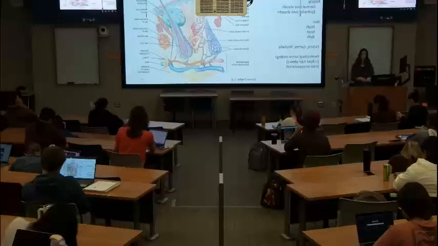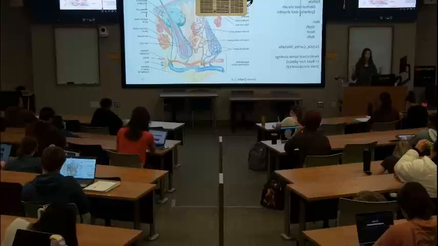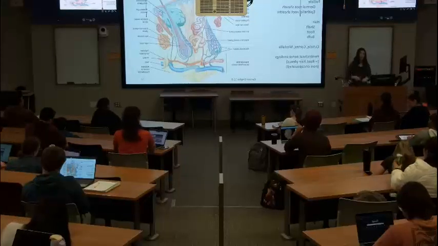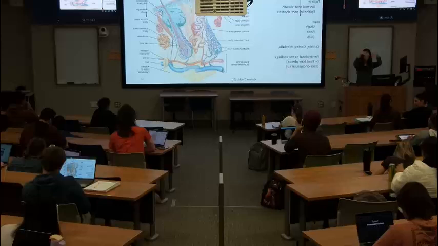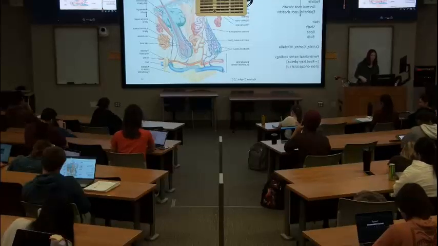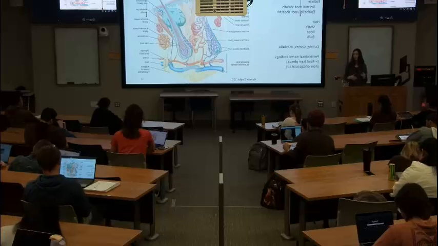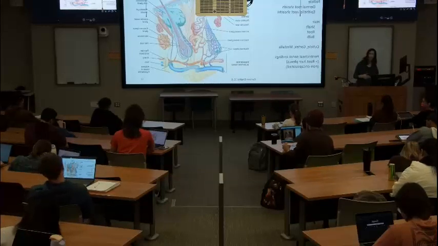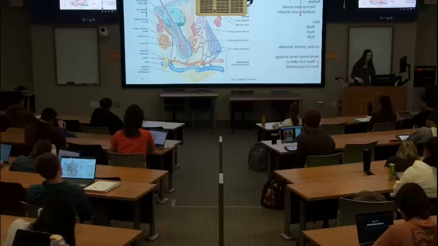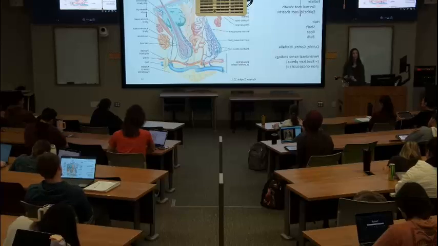So I mentioned follicles already. Follicles are epidermal-derived structures that are buried in the dermis. They need to be buried in the dermis because they need a blood supply for the stem cells, and epithelium is avascular, so it doesn't have any blood vessels. What we're going to do now is look at some of the layers that make up the follicle.